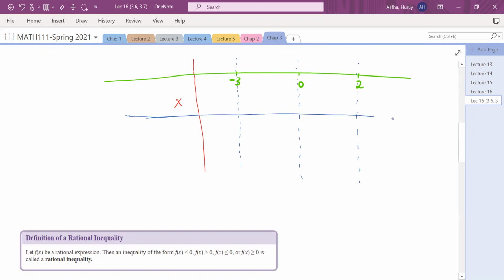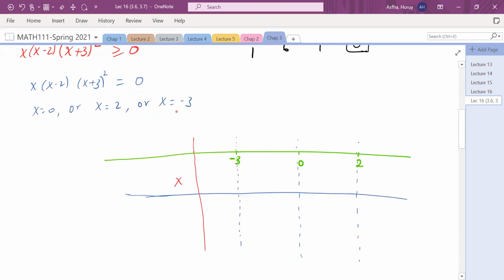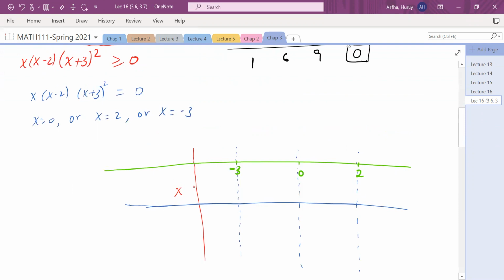And so the first factor, which is x, on this interval, it's 0 at this point, and it's negative at all the points below 0. Therefore, here it's negative, here it's negative, here it's positive, here it's positive. Okay, x is greater than 0. From 0 to the right, it's positive. From 0 to the left, it's negative.